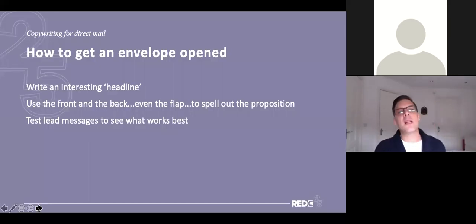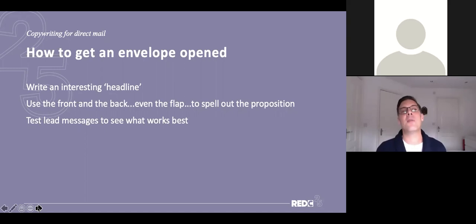I'm going to talk a little bit about formats later on, but for the majority of this, I'm basing this talk on mail packs that pretty much consist of an envelope, a letter, and some inserts. So when the mail pack comes through the door, ultimately what you want is to get it opened.